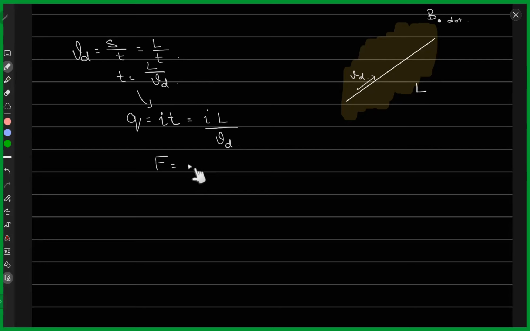Usually we are talking about the charges or electrons that are flowing, so we can replace Q with E. So I'll use Q, which is just E times V, and we have B. Now we only want the perpendicular component, because the magnetic force is perpendicular to the velocity and the magnetic field as well.